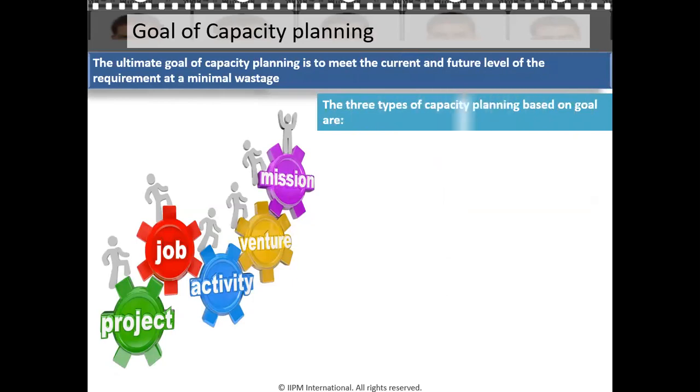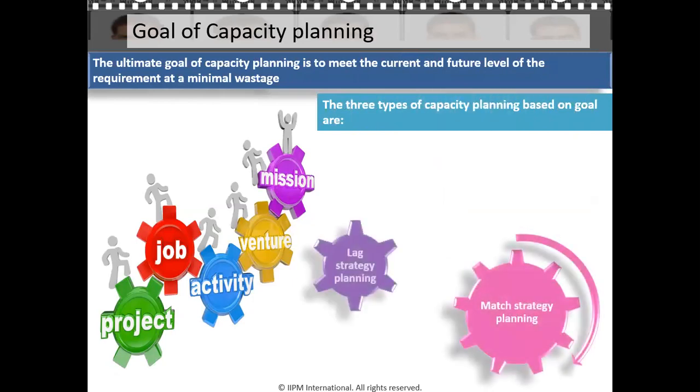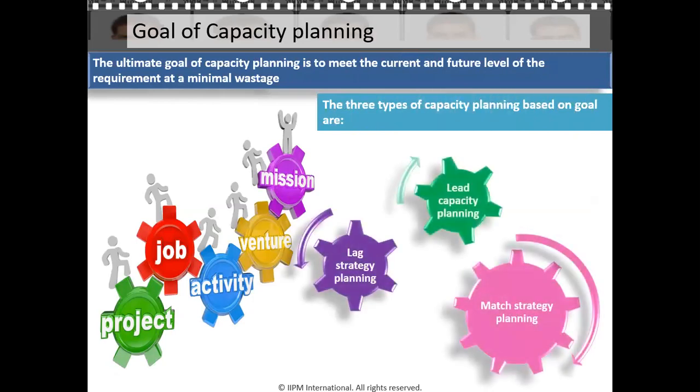Goal of capacity planning. The ultimate goal of capacity planning is to meet current and future levels of requirement at minimal wastage.